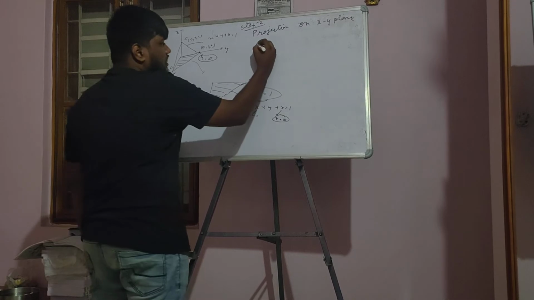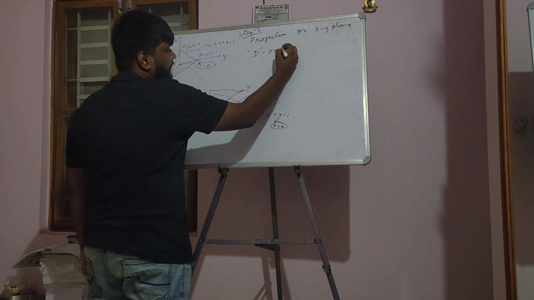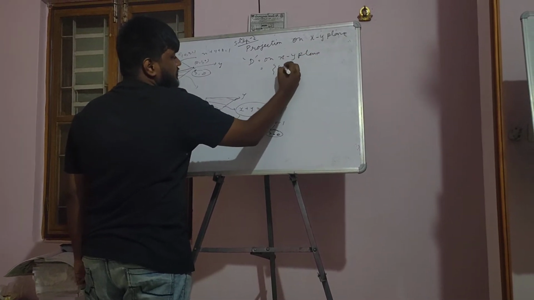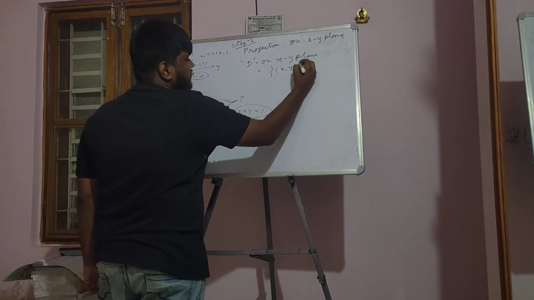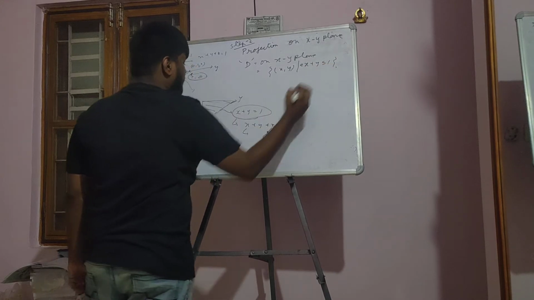Therefore our projection D on the xy plane is nothing but (x, y) such that x plus y is less than or equal to 1 and greater than or equal to 0.